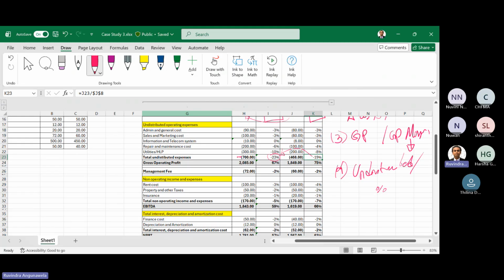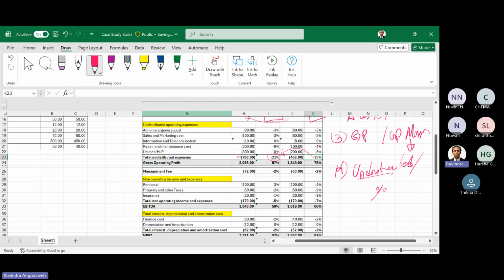So when you're commenting, you will talk about the absolute value, which has increased from 468 to 700. But most importantly, as a percentage of revenue, it has increased from 19% to 23%. Now, why is that happening? If the general manager is asking why my undistributed expenses are increasing from 19 to 23, you have a clear answer here.